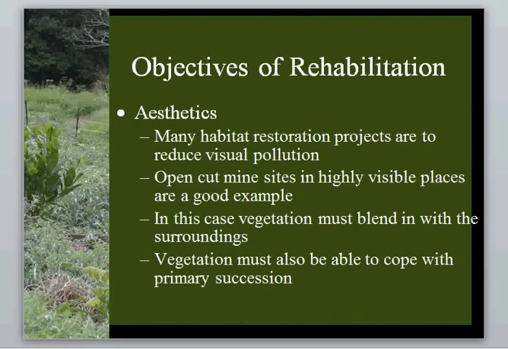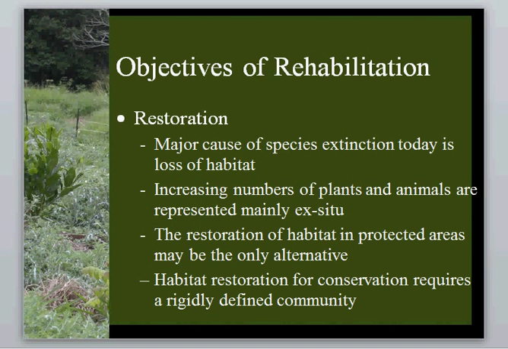The vegetation which is chosen must be able to achieve an aesthetic result. And that brings us on to our third objective of rehabilitation, which is restoration. And this is the most difficult form of rehabilitation, and that's the one that we need to try and use.